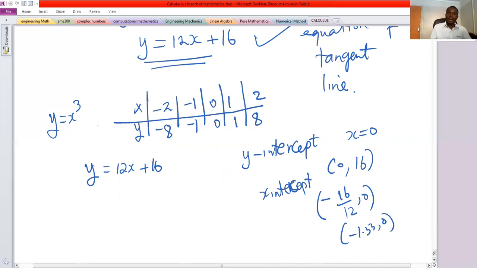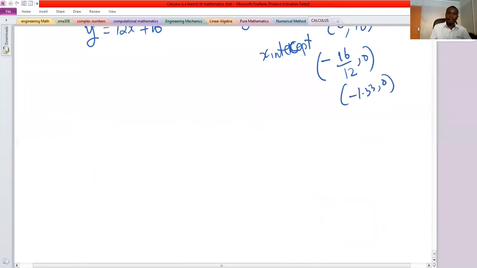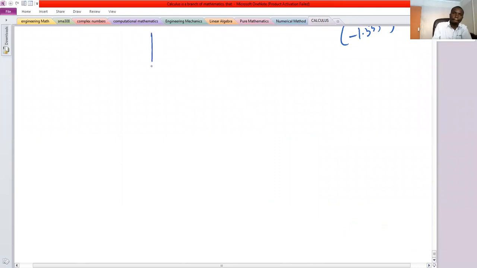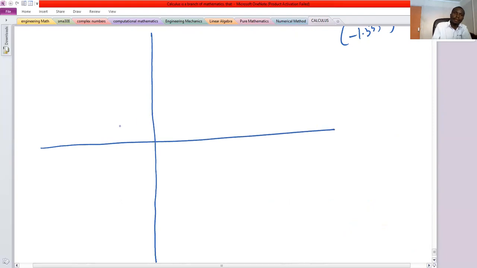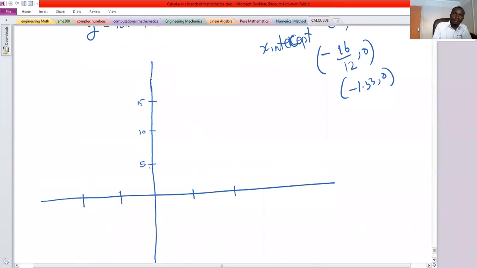So we sketch the graph. So this is 5, 10, 15, and then 20, negative 5, negative 10.